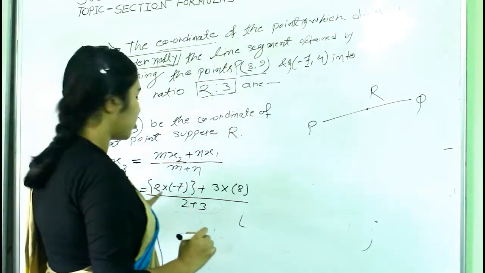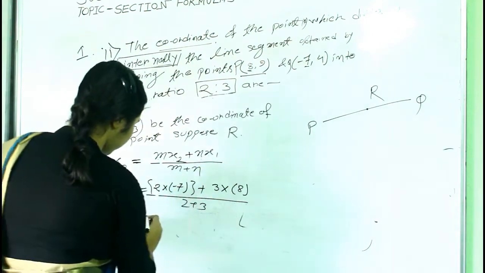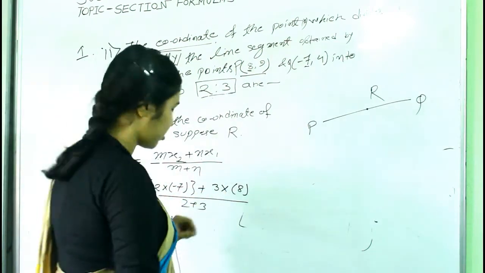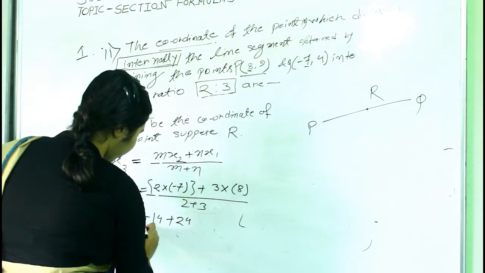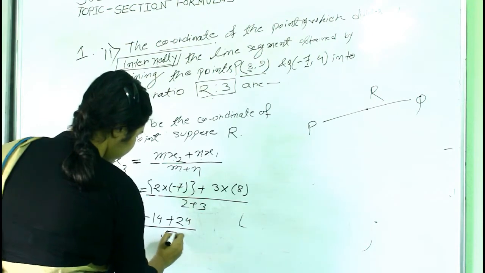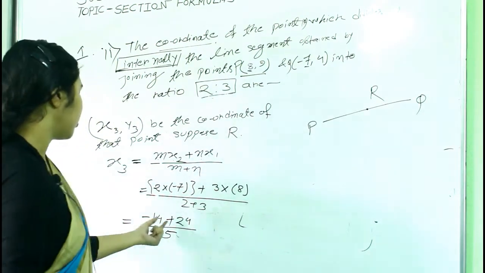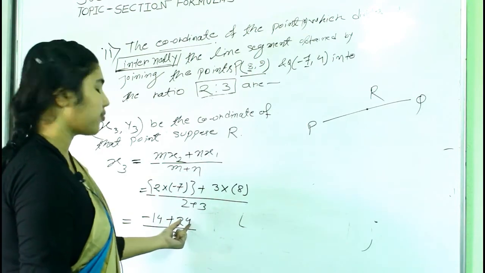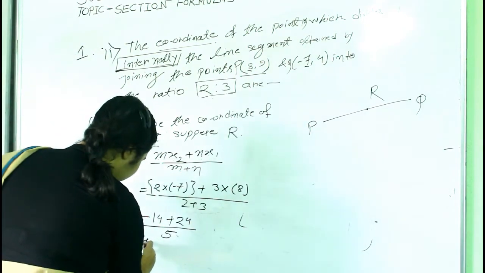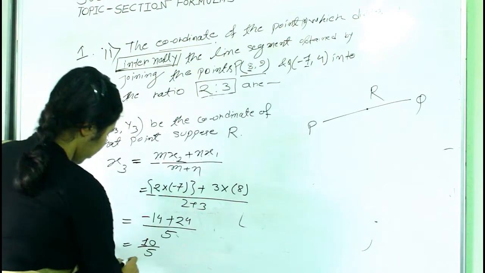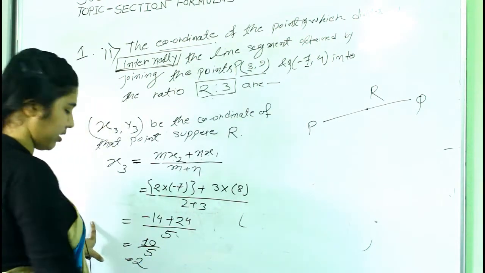So 2 into -7 is -14, plus 3 into 8 is 24, divided by 3 plus 2, 5. Now subtract 14 from 24, we get 10 by 5. So 5 twos are 10, right?